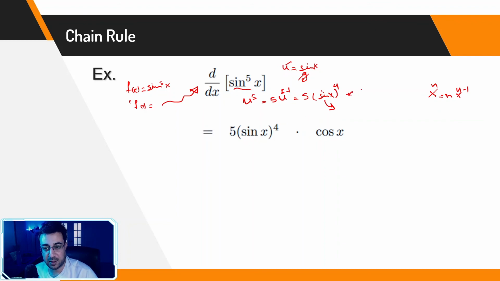The derivative of sine of x is cosine of x. So your final solution would be 5 sine of x to the power of 4 multiplied by cosine of x. If you see this dot, by the way, that means multiplication. If you see me writing this, I mean multiplication as well.